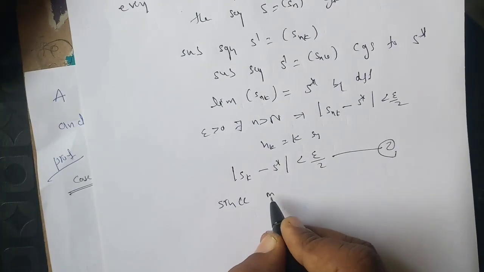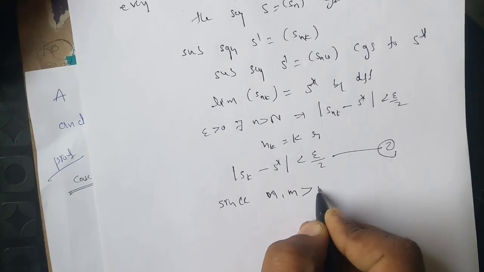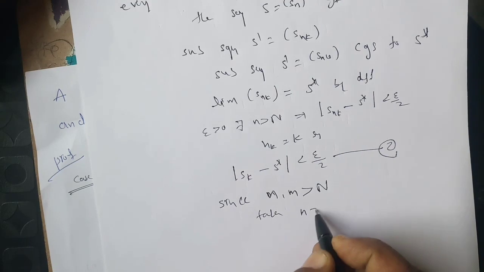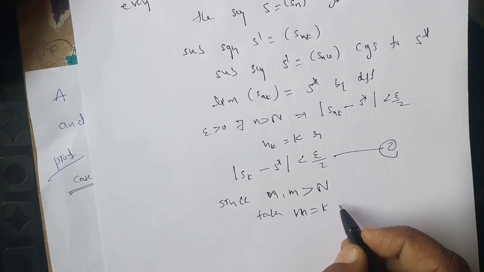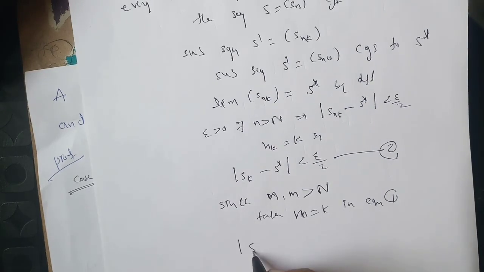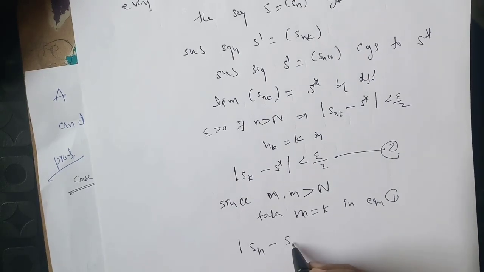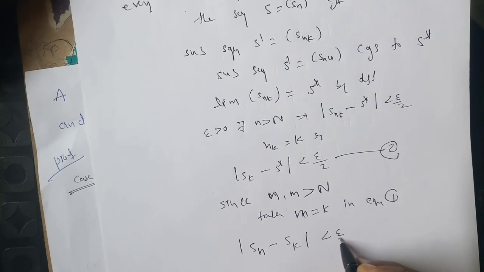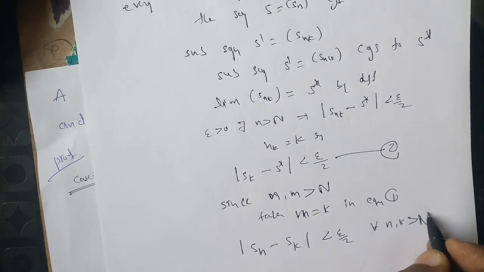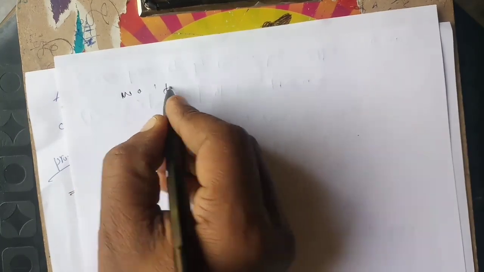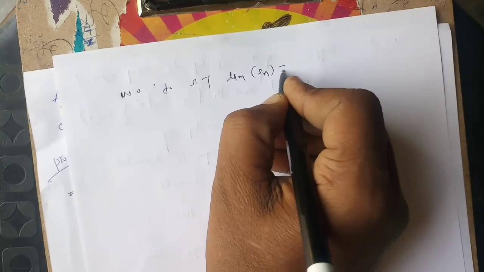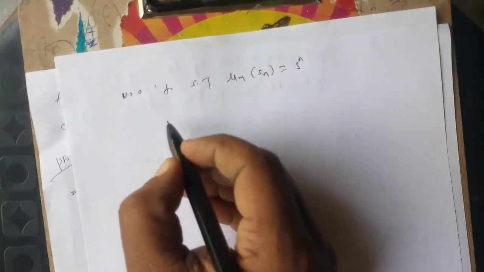Since n, m greater than N, take n equal to m equal to k in equation 1. So we get mod Sn minus Sk less than epsilon by 2, where n, k greater than N. To show that limit Sn is equal to S star.